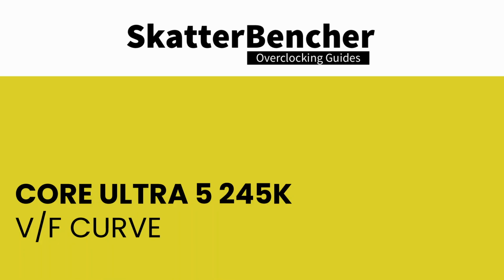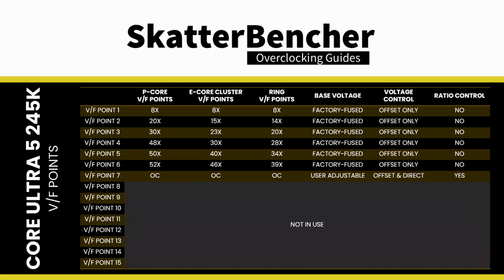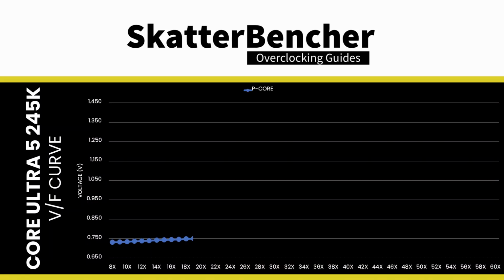Each Core Ultra 5 245K P-core and E-core cluster also has its own VF curve, which is defined by 7 VF points. The first 6 VF points are factory fused, and the last point is mapped to the so-called OC ratio. Here is the aggregate P-core VF curve for my specific Core Ultra 5 245K.